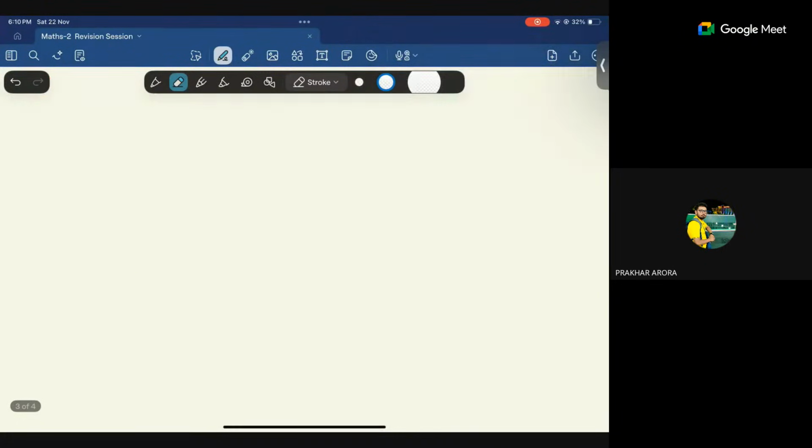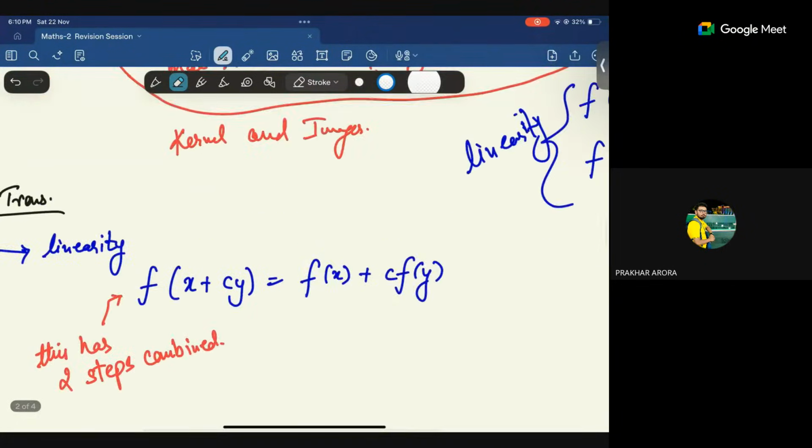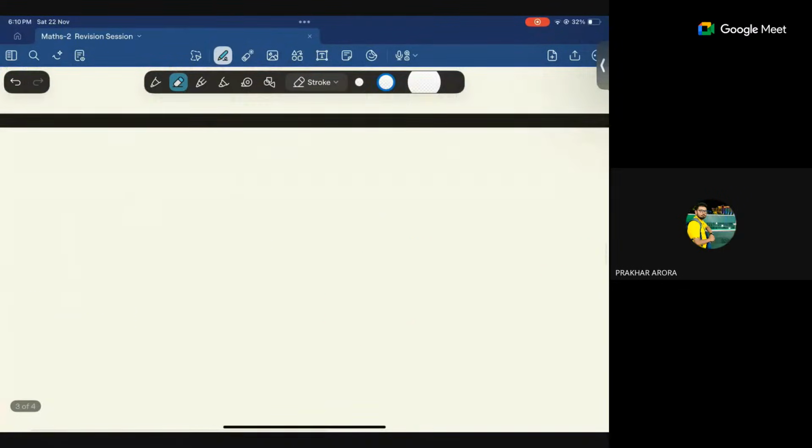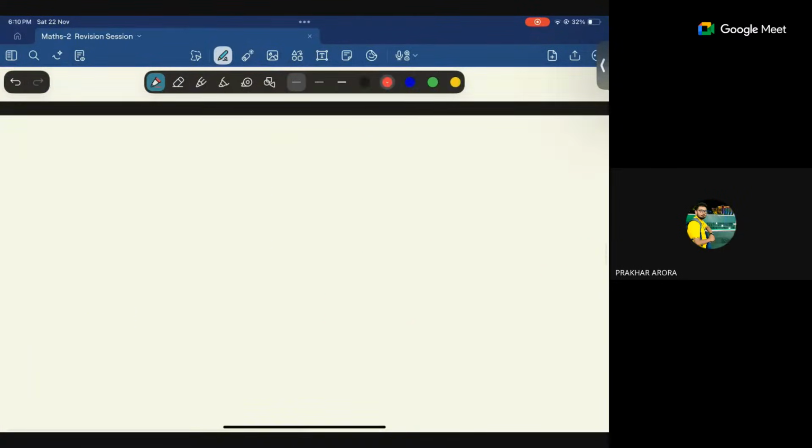What is important from the exam point of view is to tell whether a given f is linear or not. This will be the question.